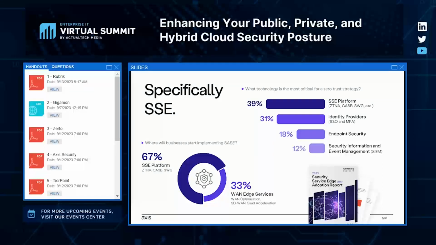This is over other technologies like identity or endpoint security. And lastly, I think it's important to note that as companies look to implement SASE, 67% plan to start implementing their SASE strategy with SSE versus WAN Edge services.